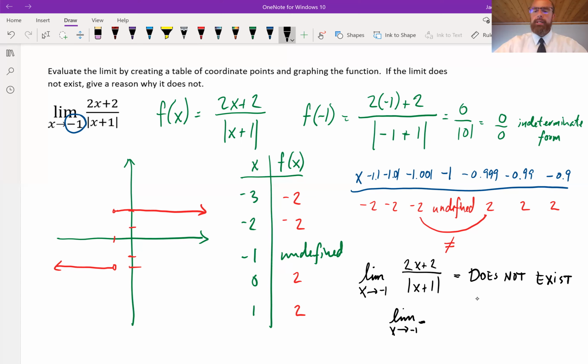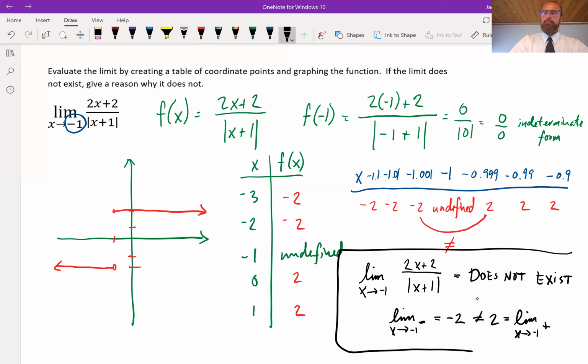So if I put a little negative sign there as a superscript to the limit value, means coming from the left, equals -2, which does not equal 2, which is the limit as x approaches -1 from the right. And that will suffice for our answer for what's the limit? It does not exist. And our reasoning for that is that the left-hand value of the limit does not equal the right-hand value of the limit.